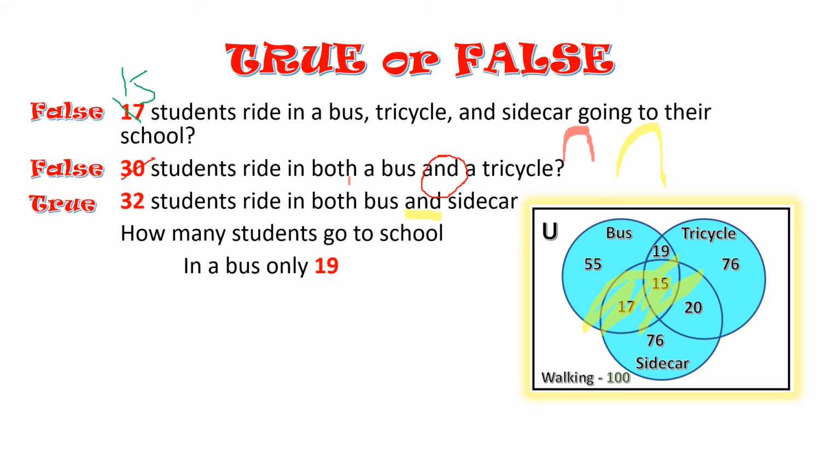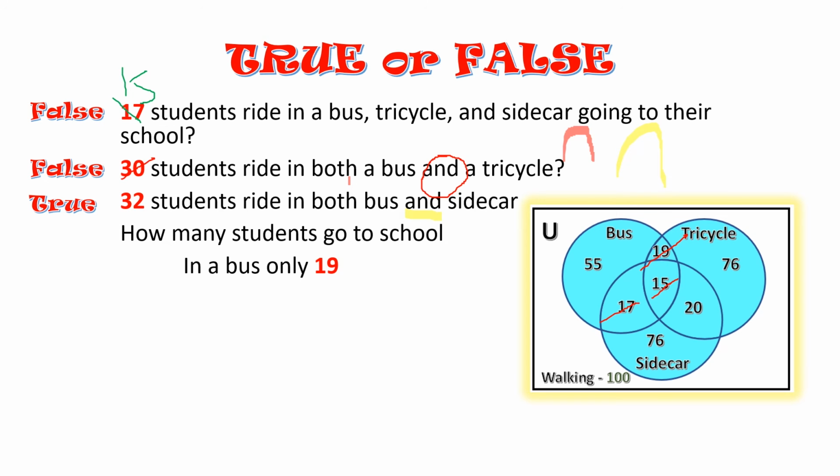Very good. Next, how many students go to school? First one, in a bus only. So, this is the bus. The circle of bus. So, set bus. So, what we are asking now is bus only. It means without tricycle and sidecar. So, we eliminate the elements that have tricycle in this part. The 19 and 15 can no longer be included, since they are part of the circle of tricycle.